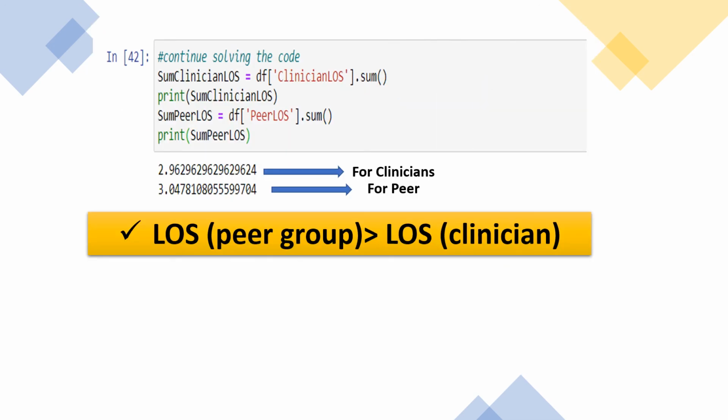Finally, we can calculate the length of stay in the clinician group and in the peer group, which is 2.96 and 3.04 for the peer group. It shows that length of stay in the peer group is greater than length of stay in the clinician group.